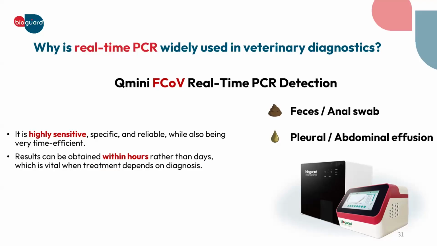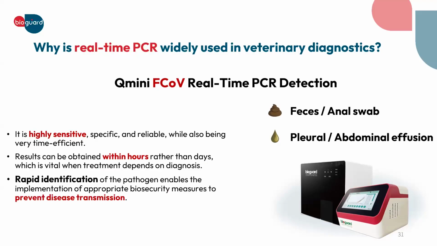When we depend on a reference lab, it takes some time to get the results, but having an in-clinic PCR system helps to get the results in hours rather than days, right? So this advantage of having an in-clinic PCR is another thing that is helpful in early diagnostics, to also make the right decisions at the right time.